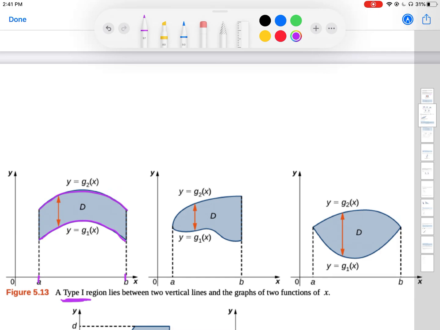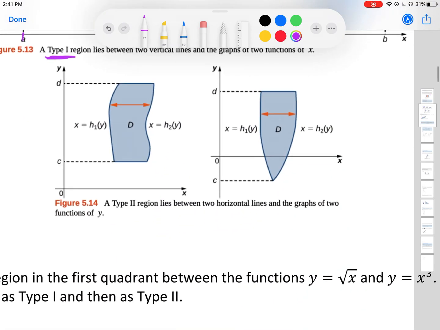And I want to make sure that this is an argument of x. Now, for type 2, we're going to consider our y-axis and then move forward, and then look at our function from our y perspective, in terms of y, to see what we enclose.